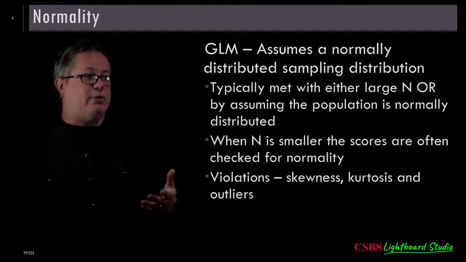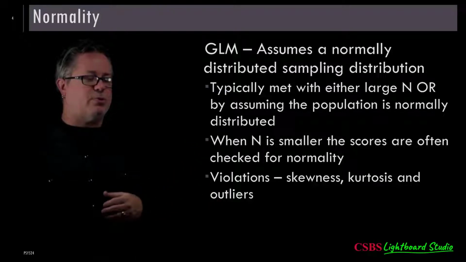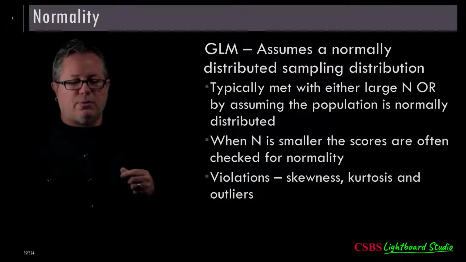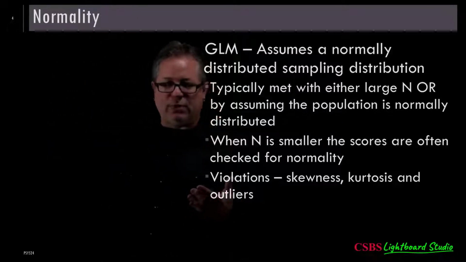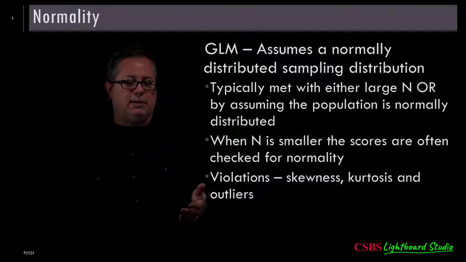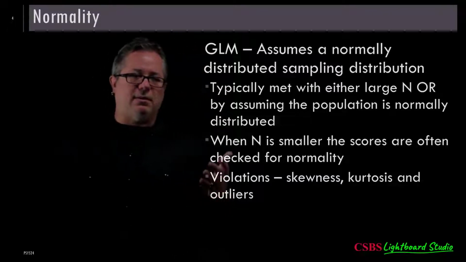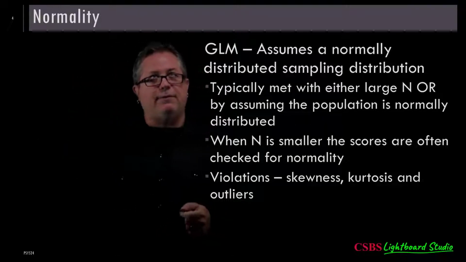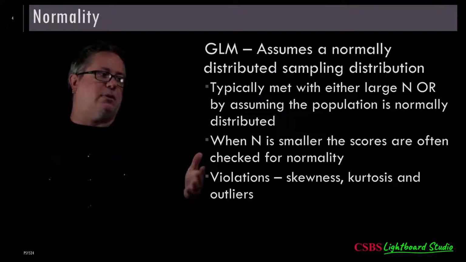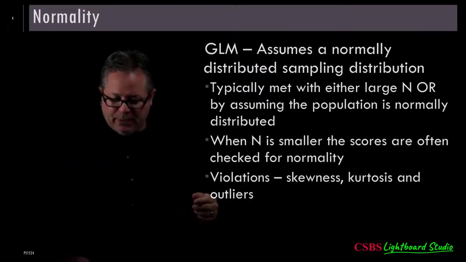The general linear model assumes a normally distributed sampling distribution. This is one of the biggest criticisms of the general linear model, that it has to be linear and normally distributed. Not lots of things are. So if your data do not fit that mold, and the assumption doesn't make sense, then you're probably not going to use these kinds of models.